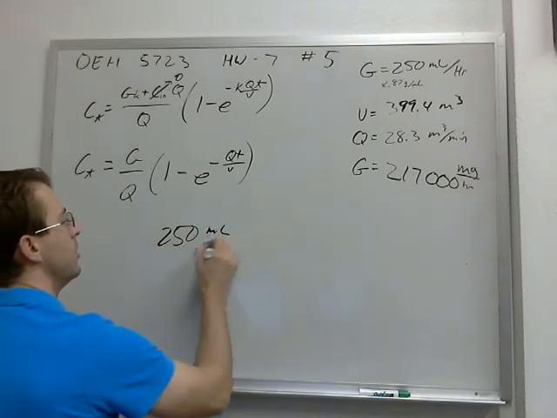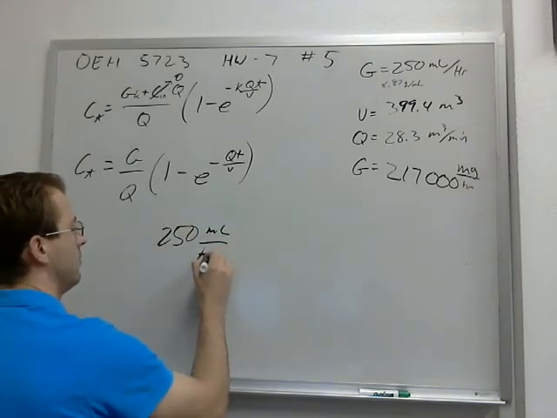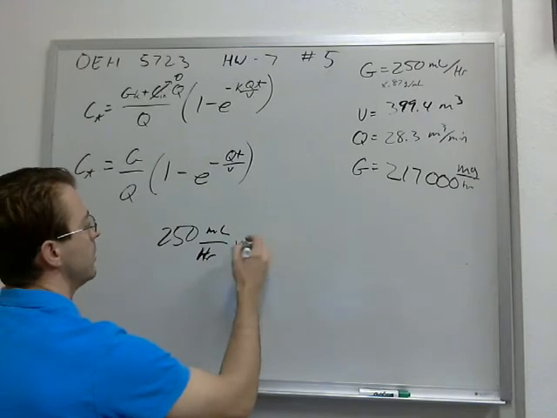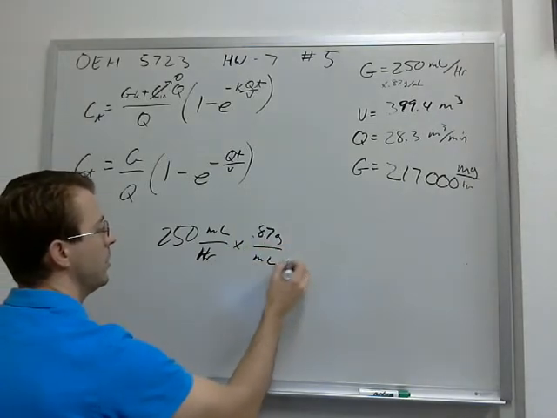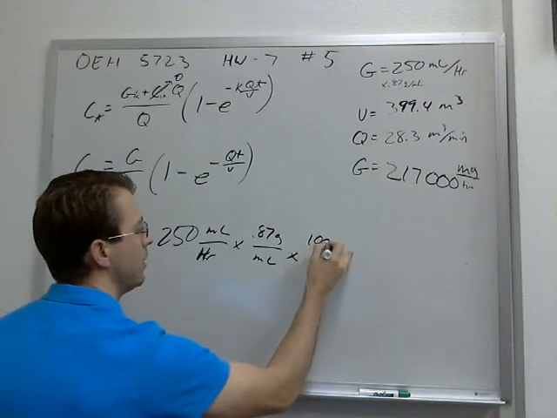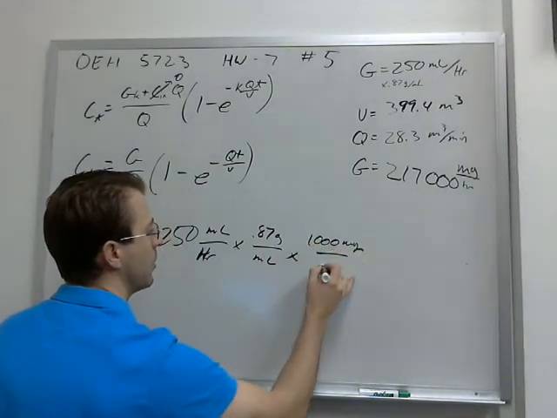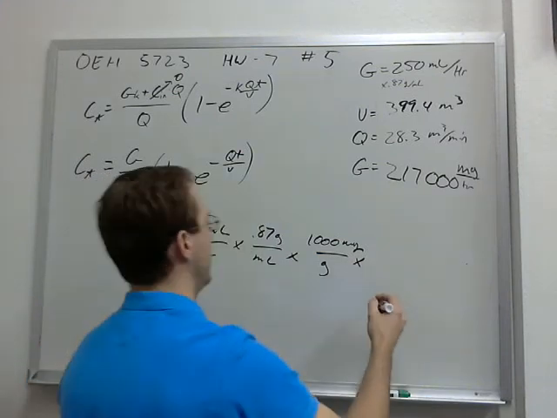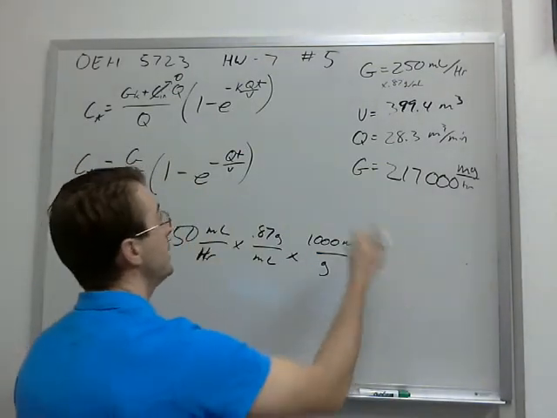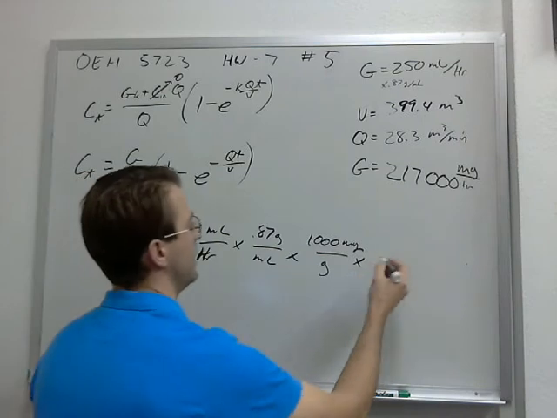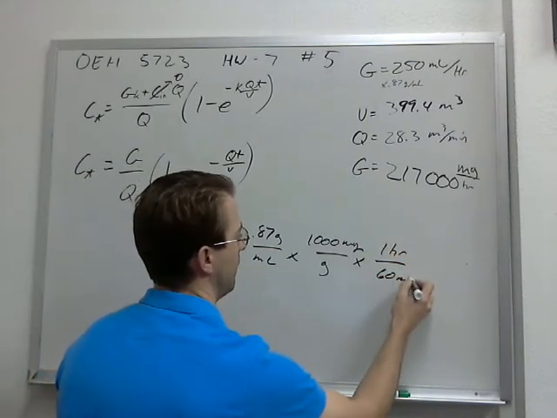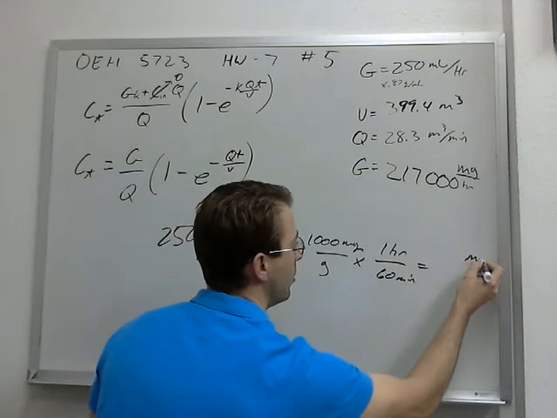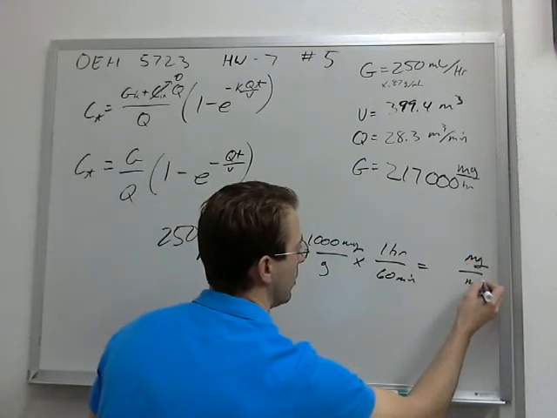250 mils per hour multiplied by 0.87 grams per mil multiplied by 1,000 milligrams per gram multiplied, we want to go from hours to minutes because these are flow rates per minute, and so 1 hour per 60 minutes. So now we're in milligrams per minute.